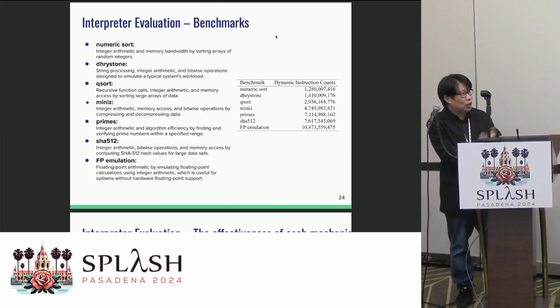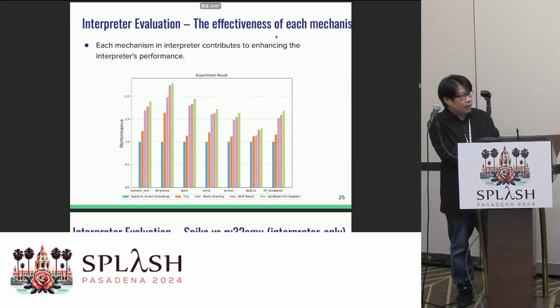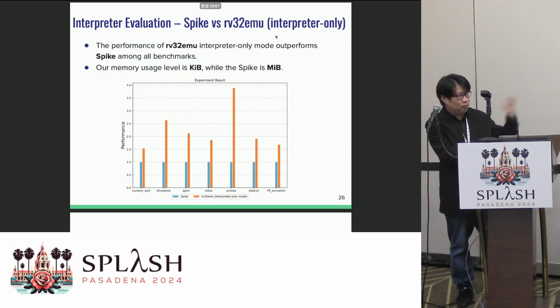So we will just pick out some micro benchmarks to validate the efficiency. And you can see, compared to the baseline, the strategy is quite positive and quite useful from a benchmark perspective.